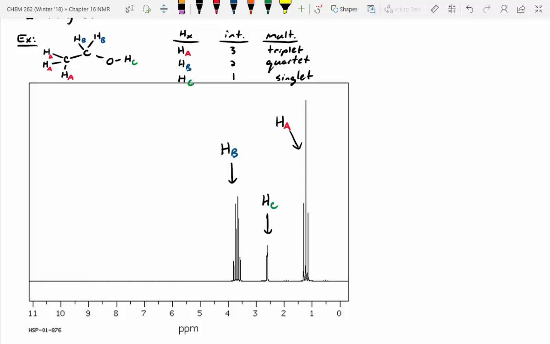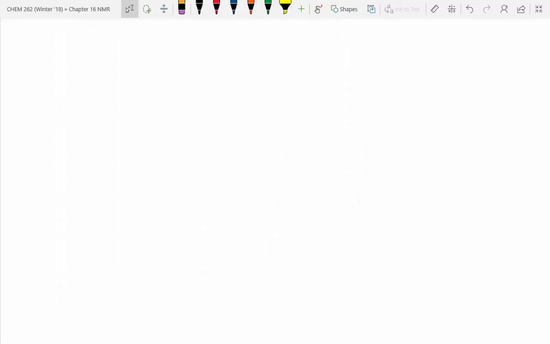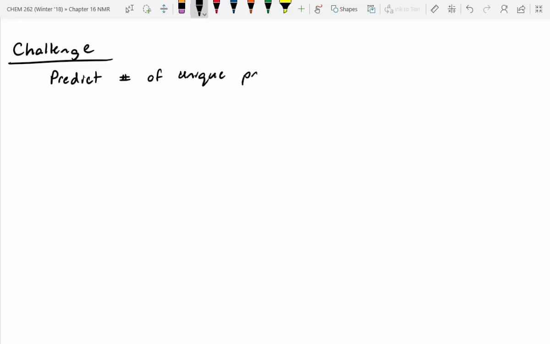So do you guys want to try a new example? We can predict it and then even draw an anticipated structure. So predict the number of unique proton symbols, their integration, and their multiplicity.